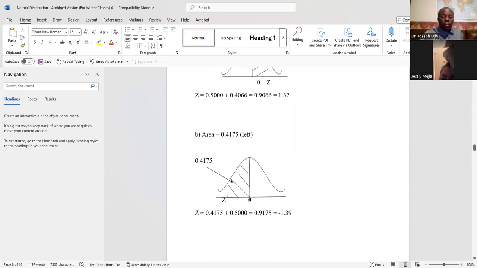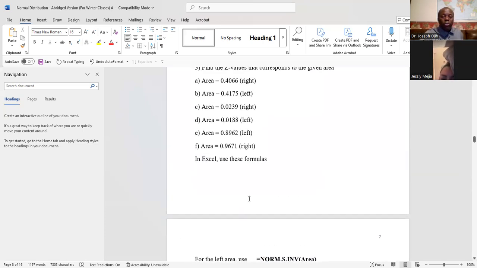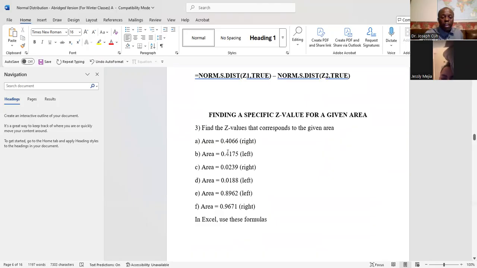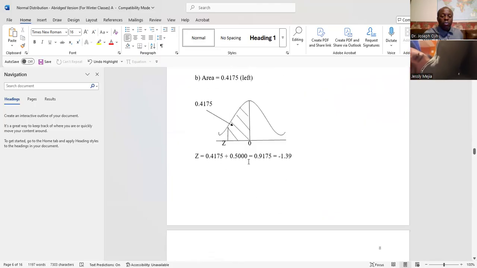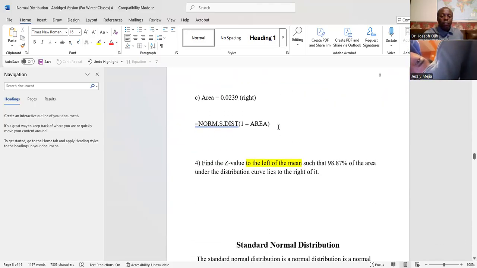See, when it is close to 0.5 like these two, you make an adjustment before you can use the formula. But if it's not like these ones, you don't have to make adjustments, because they are extreme right or extreme left. So this is part C we are solving. All you have to do is type the formula in and put the area.